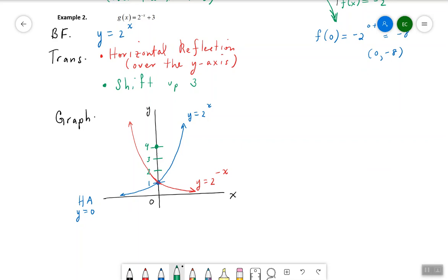But before we do that, let's take the horizontal asymptote and shift it up 3. We learned to do that with a rational function in section 3.5, and so now we're doing it again. So let's go ahead and draw the new horizontal asymptote at, what? At y equals 3.